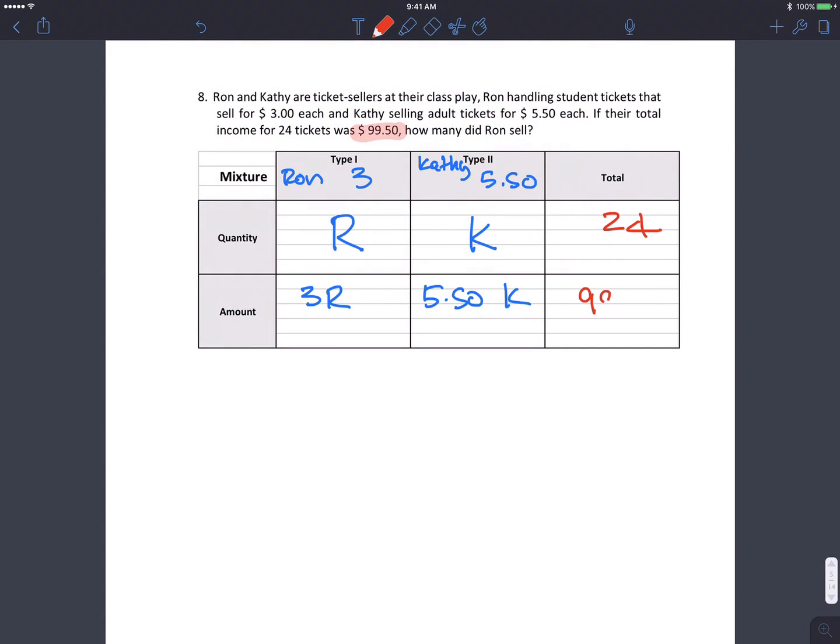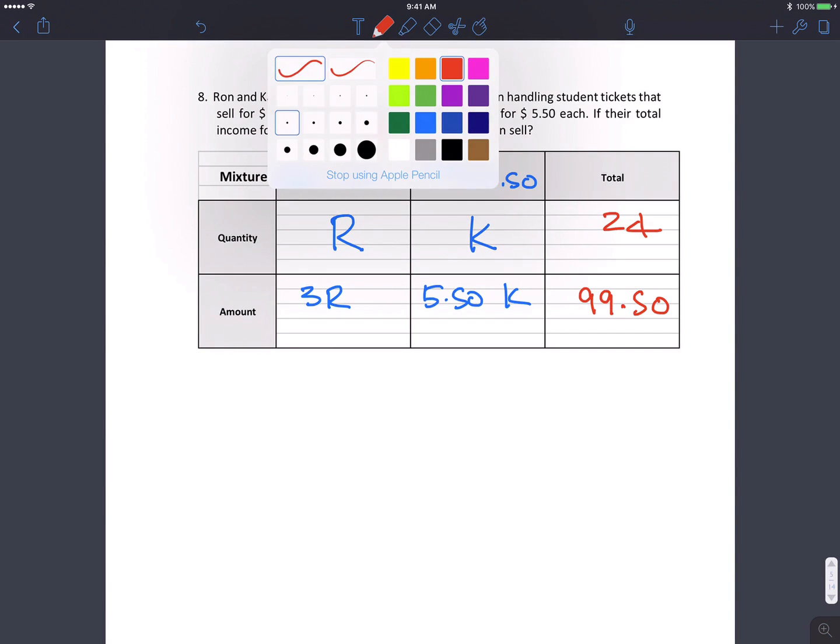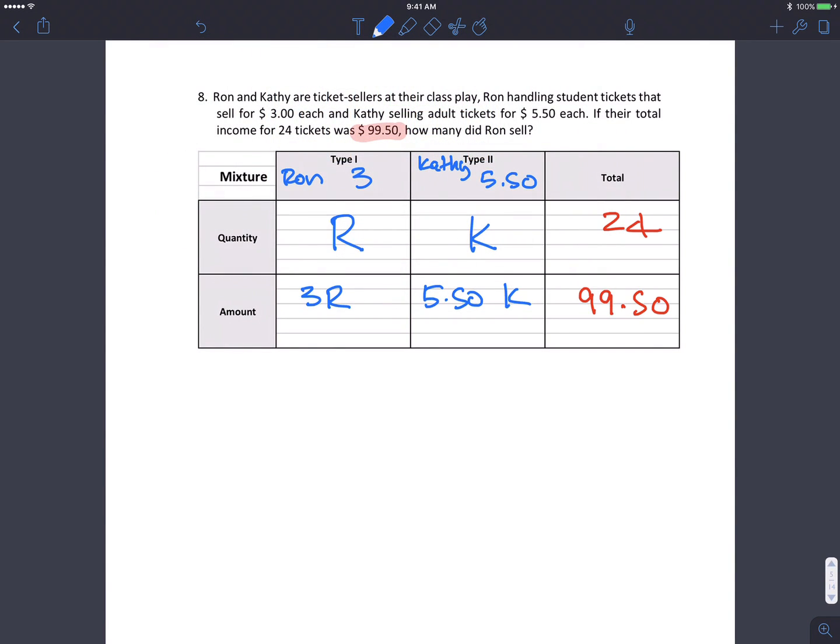So let's look at it this way. R plus K is 24. 3R plus 5.50K is 99.50. Okay, let's write down the equations here. Let's go back and review. We got Ron and Kathy. Type 1 is Ron, Kathy is type 2.